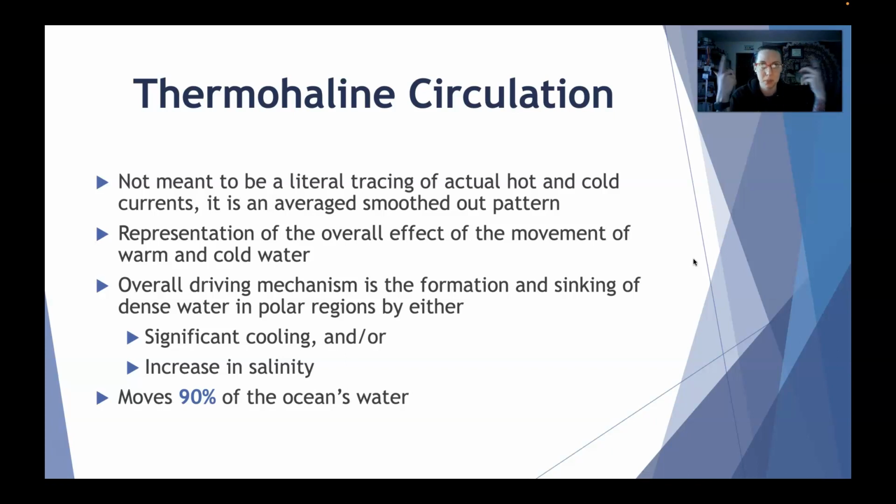This density movement moves about 90% of the ocean's water. Wind moves the other 10%, and we'll talk about that when we come back. You can think about it as a global conveyor belt in a sense.